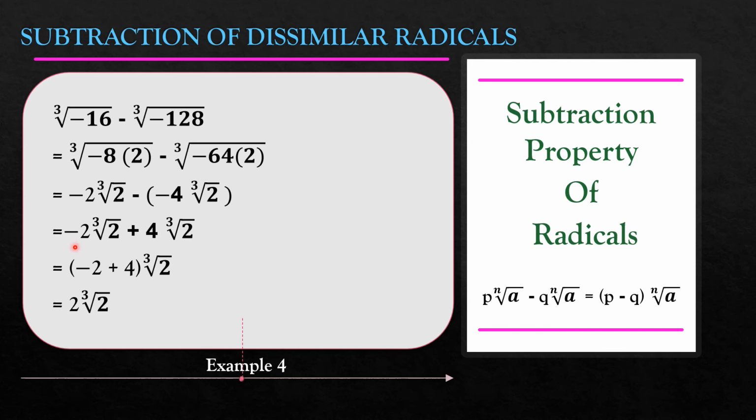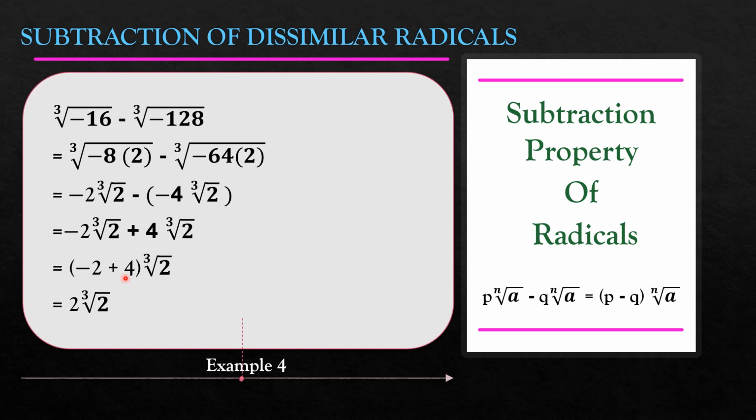And then, kung mapapansin ninyo, meron na silang common radical. So, similar radicals na po ito. Ang common radical nila ay cube root of 2. Ito, cube root of 2 din. So, kapag ganyan, applying the subtraction property of radicals, actually, addition property of radicals na siya kasi addition na ito eh. Naging addition na. So, copy the common radical cube root of 2 and then ito, yung ating coefficients, negative 2 plus positive 4.